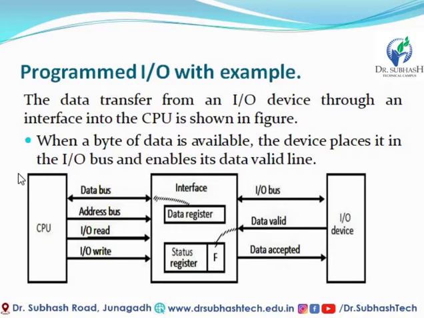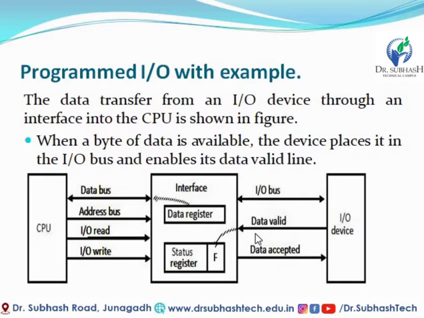So how can we interface between the IO device and the CPU? When a byte of data is available, the device places it on the IO bus and enables the data valid line. First of all, the IO device sends one signal, data valid.